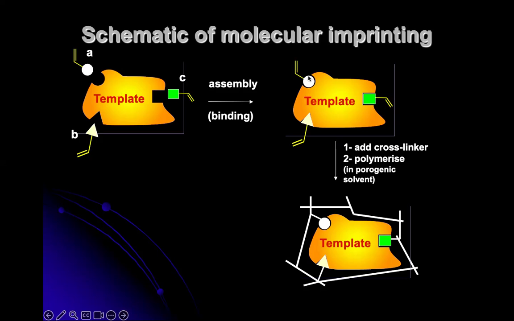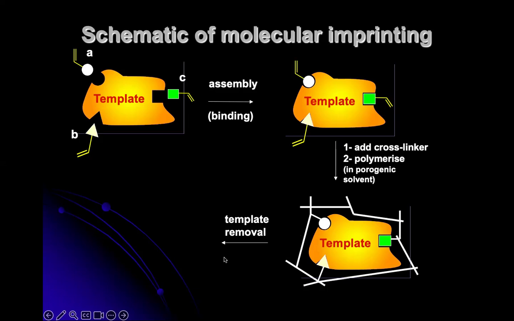We have to give time for the monomer and the template to interact first before we capture, meaning we keep the whole thing in a solid phase. You can see this is the cross-linker. The cross-linker is like putting a cage outside the template to make sure the monomer stays there with the specific site interaction.